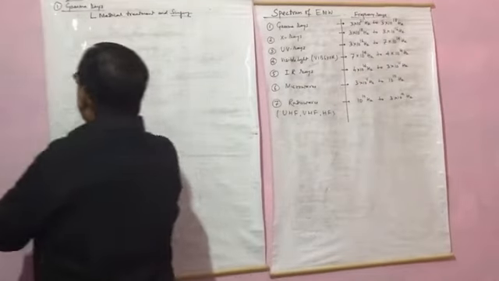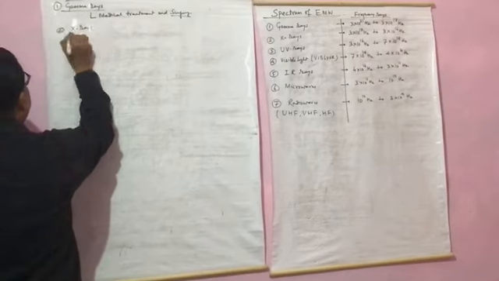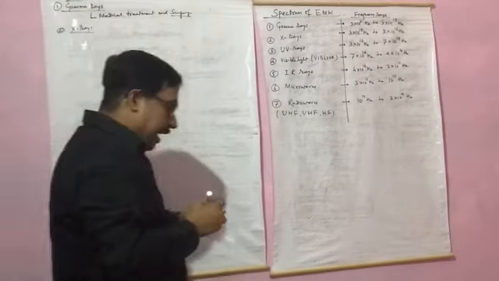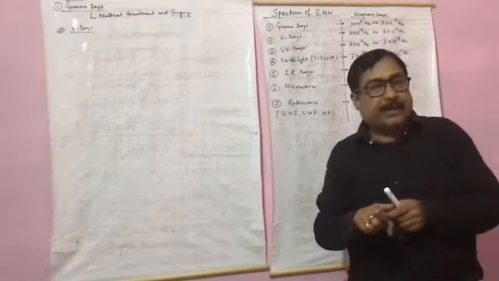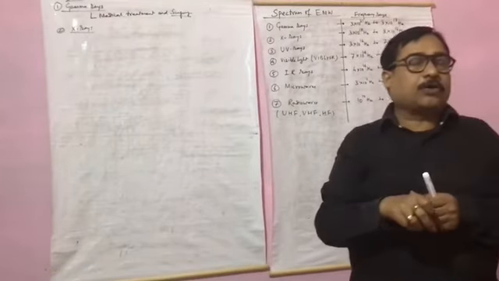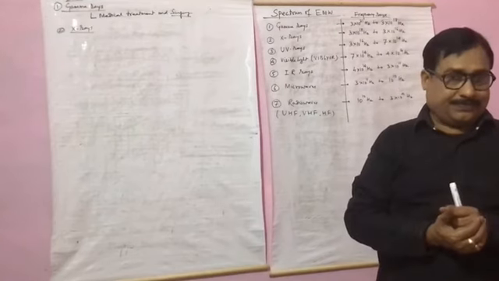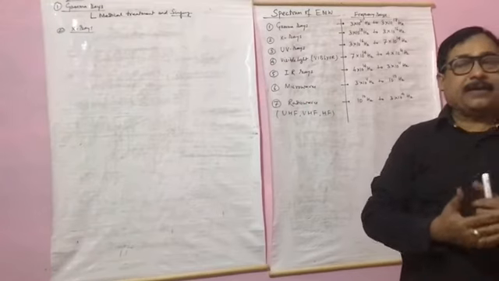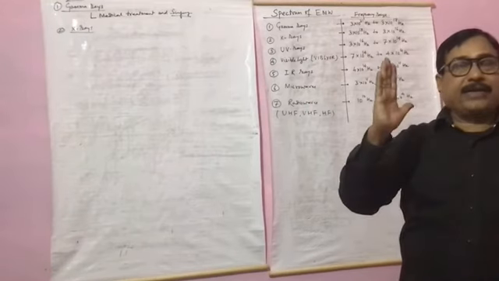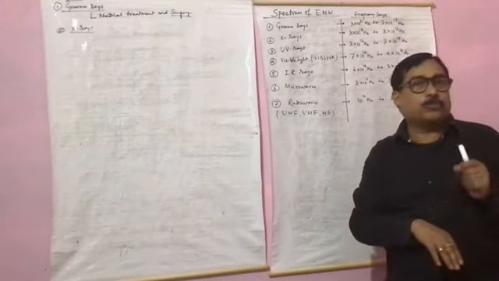X-rays are also very popular for you all. Whenever you have a fracture in the bones and you consult a doctor, then the doctor advises you to go for an X-ray. Then you go for that X-ray, and after X-ray we can see the fractures made in the bones.